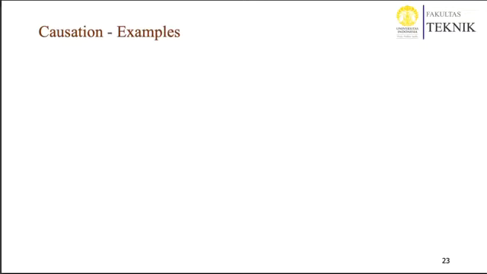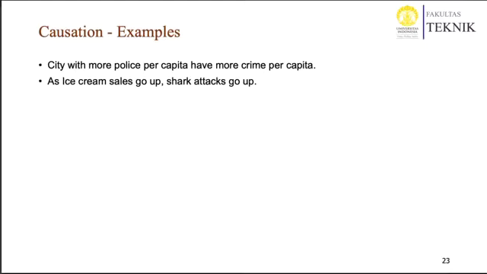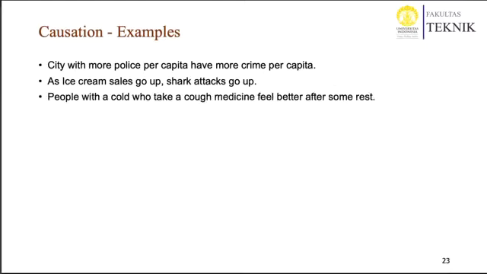So here we have a causation example. For example, here the city with more police per capita have more crime per capita. As ice cream sales go up, shark attacks go up.